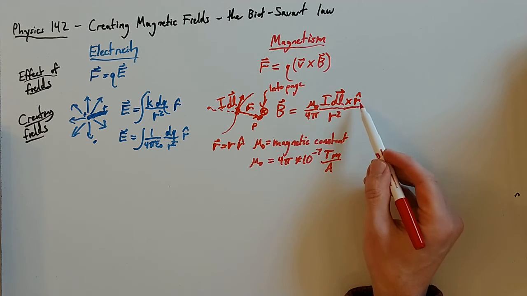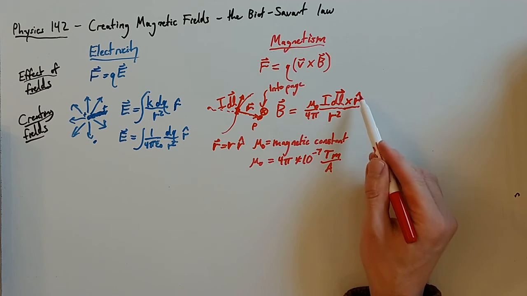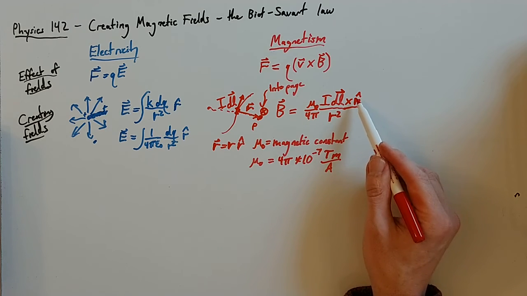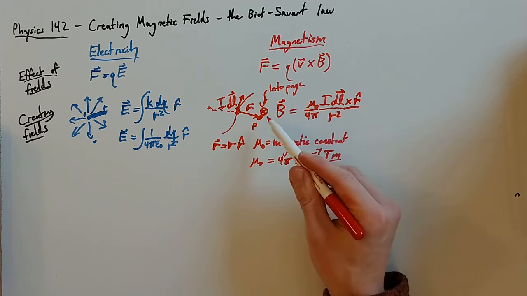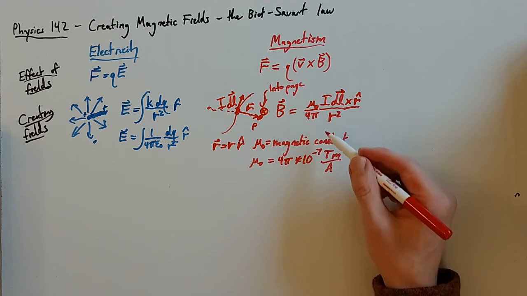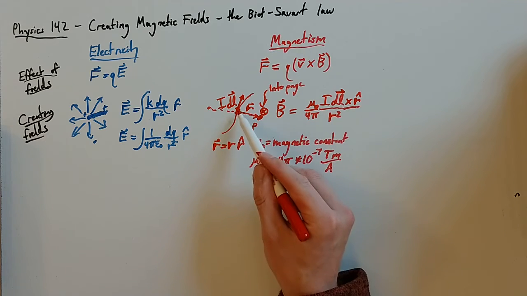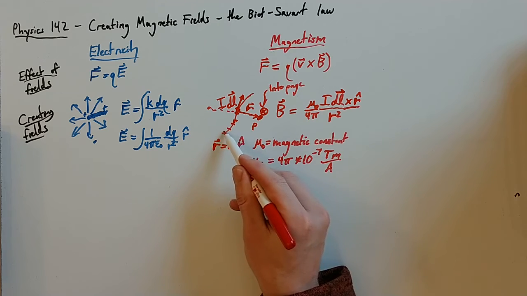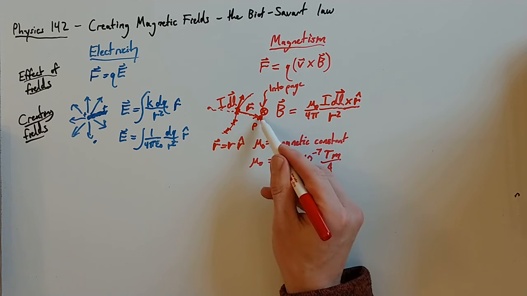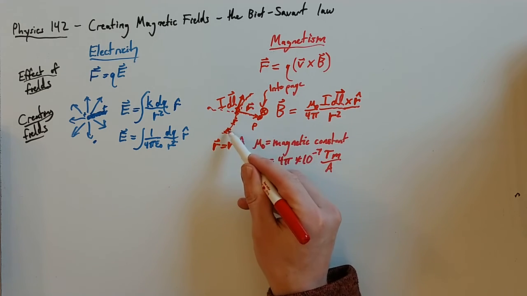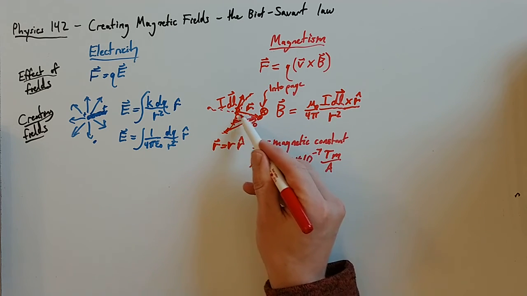Now, r hat, the unit vector, only has magnitude 1. So in terms of calculating the amount of magnetic field, this is just a 1. All right, so you can ignore it for calculating the amount, but it's really important for getting the direction of that magnetic field. Now, the last thing for the Biot-Savart law is, of course, dl is just one little piece of current, but really all the little pieces of current along this wire are creating some magnetic field at this spot P, and so you need to add up all of the contributing magnetic fields, right?